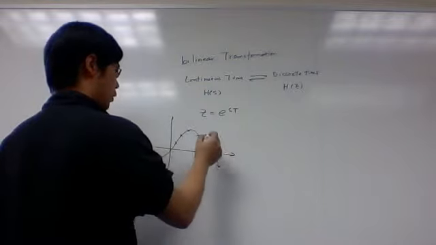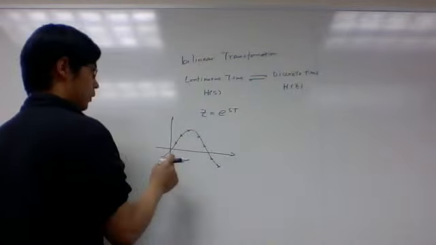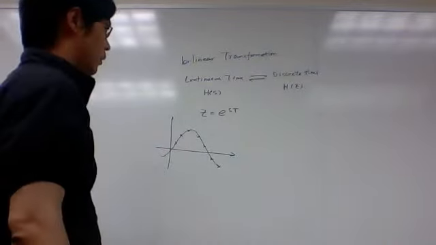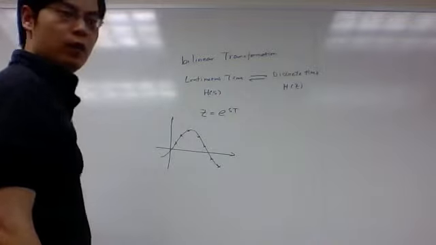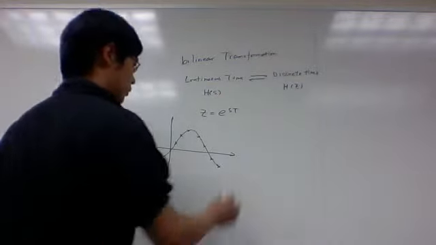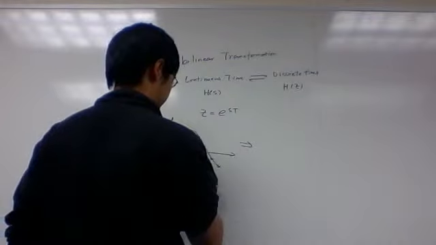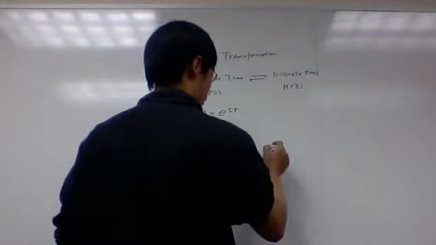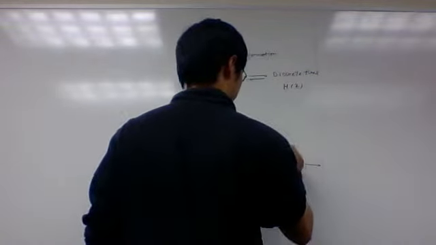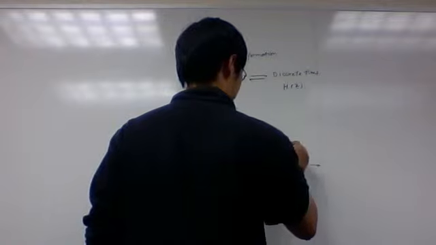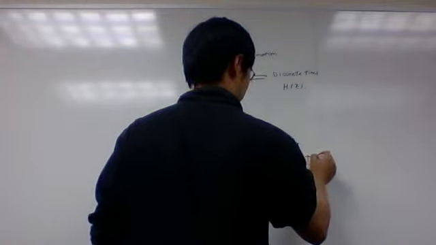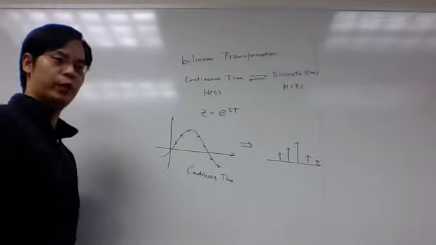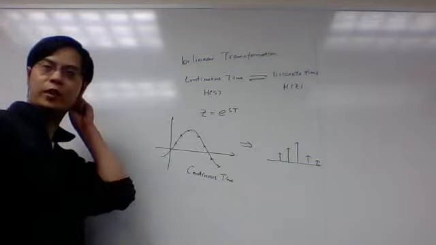So this will be your continuous time waveform, and these dots will be your discrete time samples. So you will have this, this, and this.